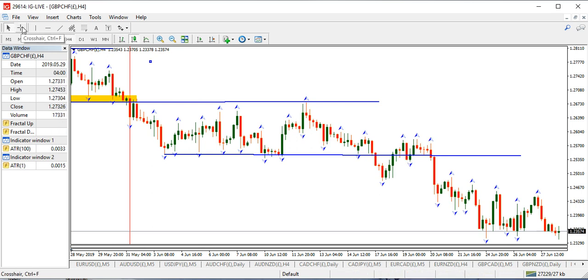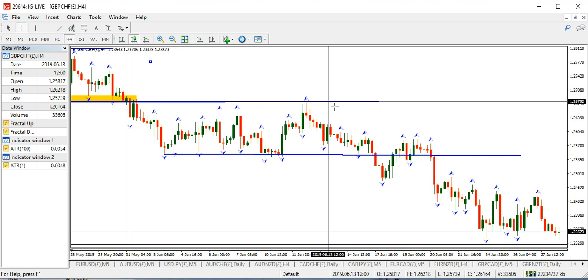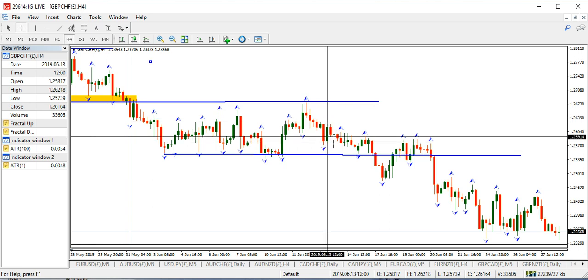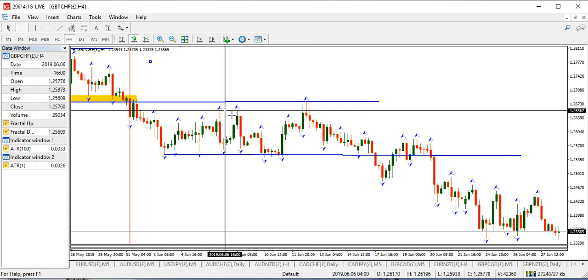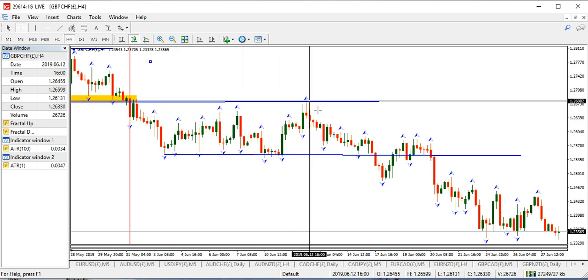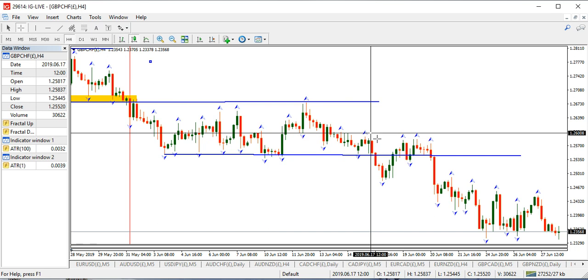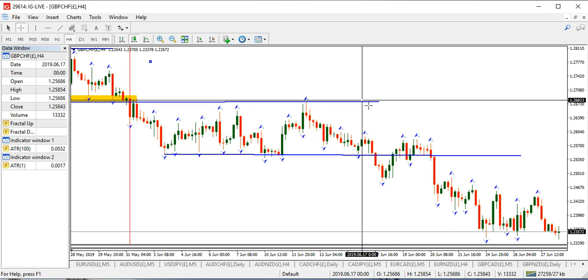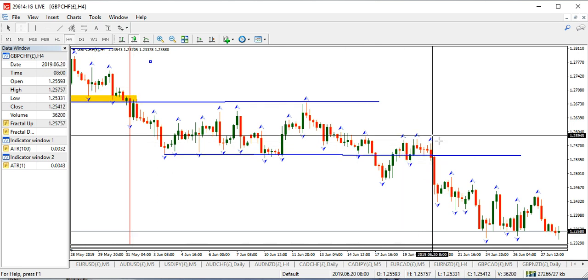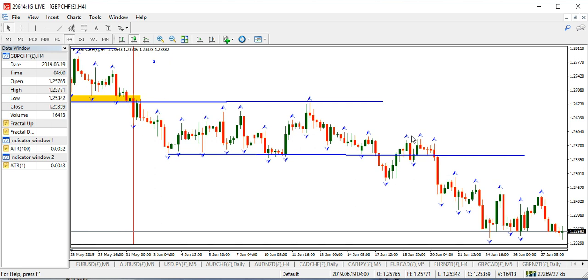I mean, this whole area has got to be seen as a zone. And somewhere in here we've got resistance, resistance, resistance, and it only sort of makes it this high. Sometimes it will make it as high as we saw earlier on, right to the top. But you may or may not have decided to trade that.